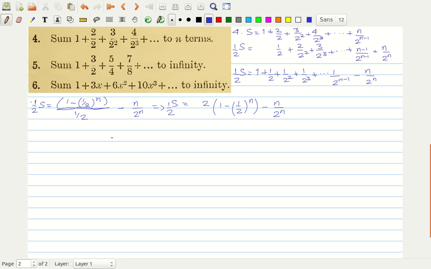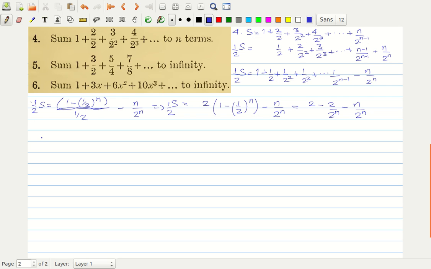Therefore we can write this as 2 minus 1 by 2 to the power n minus 1, or just let us write it 2 divided by 2 to the power n minus n divided by 2 to the power n.